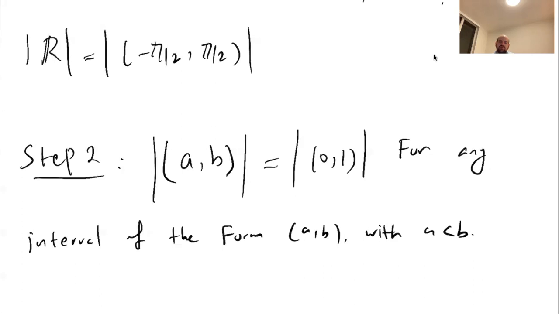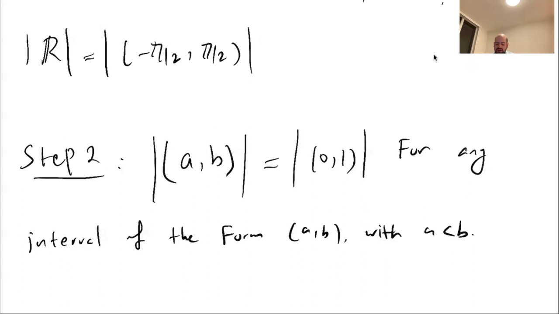So first I go to 0 to 8 by scale, and then I can go from 0 to 8 to 2 to 10, and I just need to shift everything by 2.